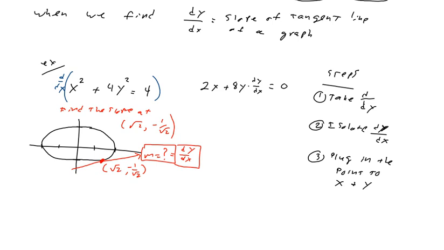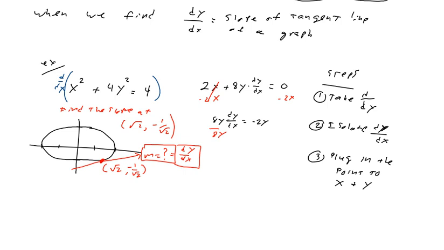Now I just have to rearrange, get the dy dx part on its own. See if I can solve this. So let's minus 2x on both sides. And then I'm going to have to divide by the 8y, so I'm going to get 8y dy dx equals negative 2x.